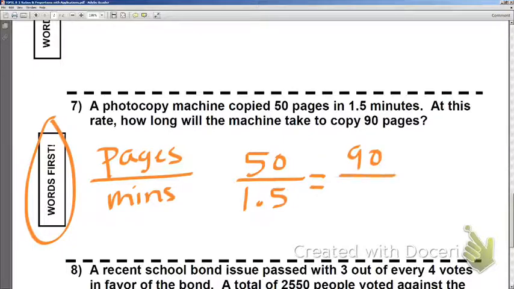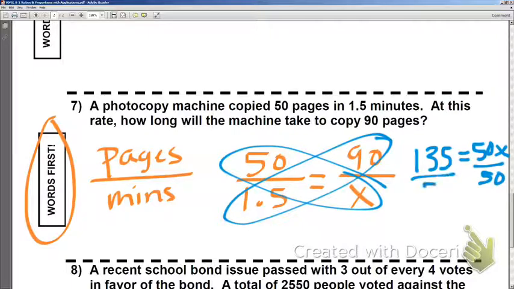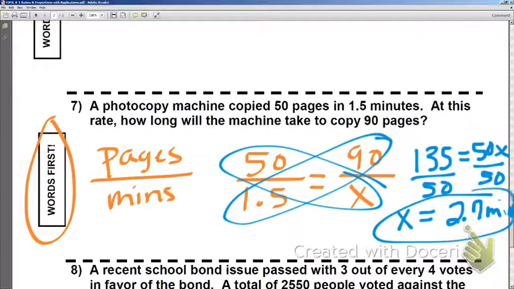So 90 goes on top this time, x on bottom. Cross multiply, 90 times 1.5 is 135 equals 50x. Divide by 50. And it takes 2.7 minutes to copy 90 pages.